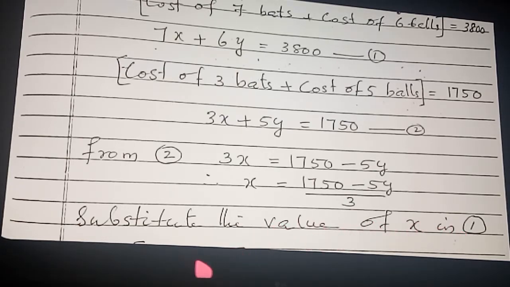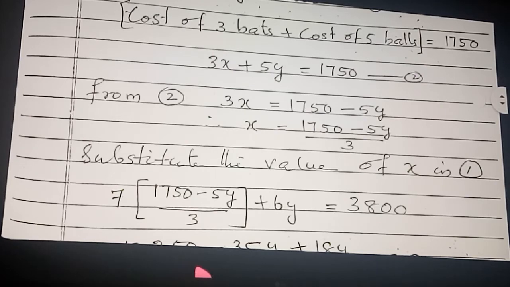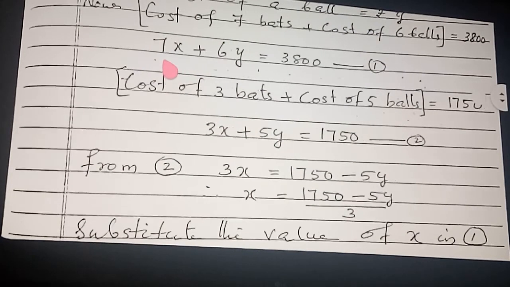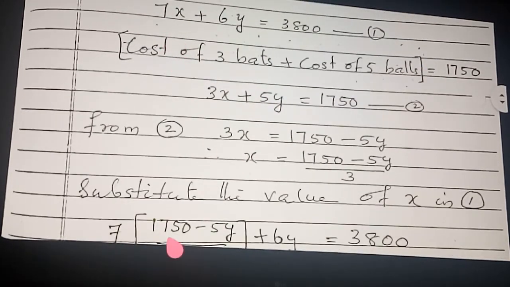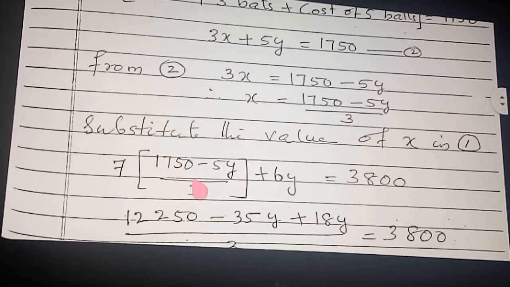There is a little calculation, but that much we can understand easily. This is equation number 1. So 7 into the value of x applied here, plus 6y is equal to 3,800. Do along with me.